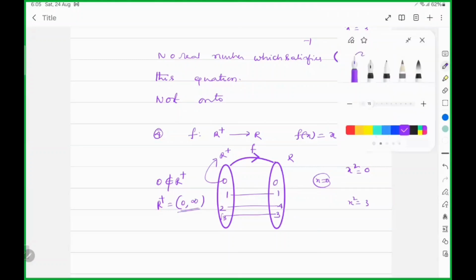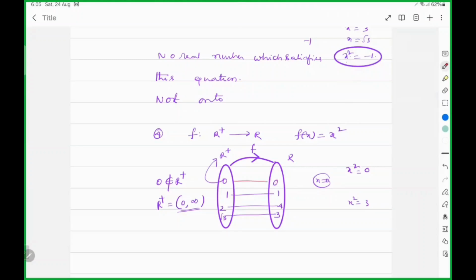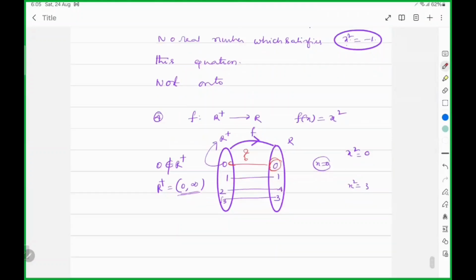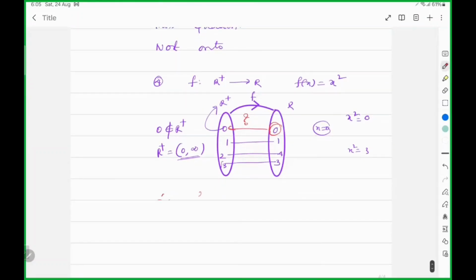That means for this 0, there is no pre-match. Here there are infinite elements, all elements have a pre-match except the 0. Even one single element not satisfying, we come to the conclusion that f is not an onto function.